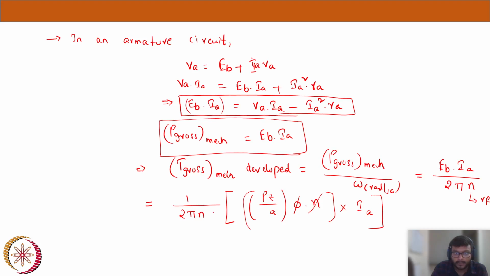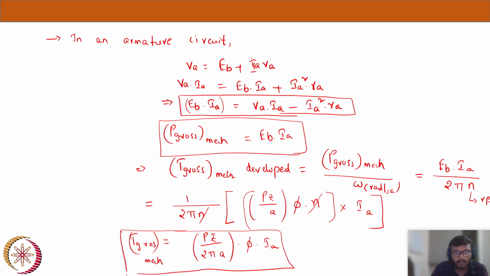Now the speed gets cancelled out, and what you are left with is PZ by 2 pi A multiplied by phi multiplied by IA. This is nothing but T gross, the gross mechanical torque developed in a motor.